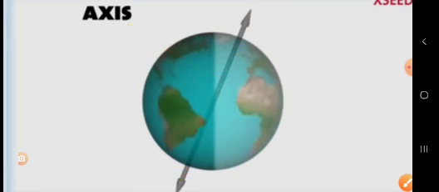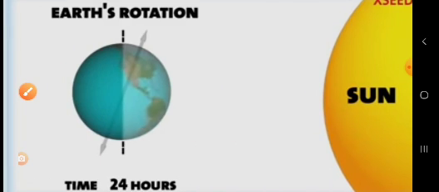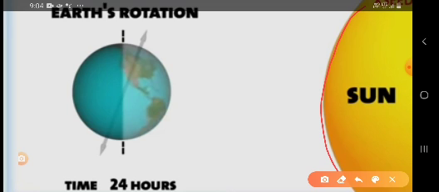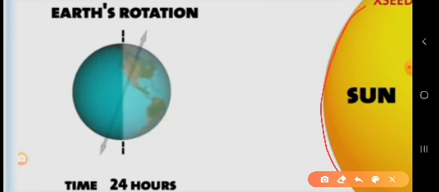And because of this rotation, children, look here, this is sun. As we can see in the picture, this is sun. So children, this is earth's rotation. Earth is rotating and how much time does it take to complete a rotation? It takes 24 hours to complete one rotation. Means we complete one day.